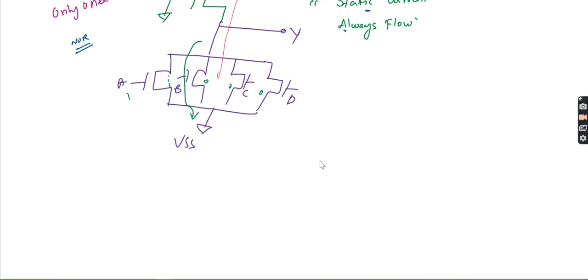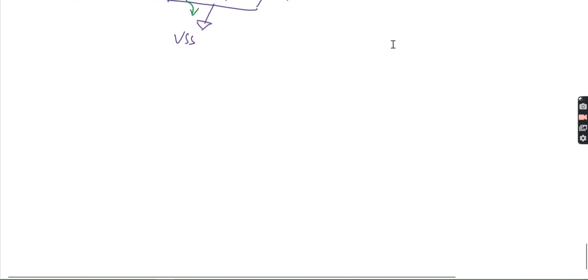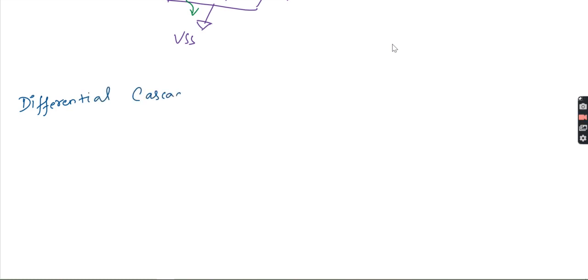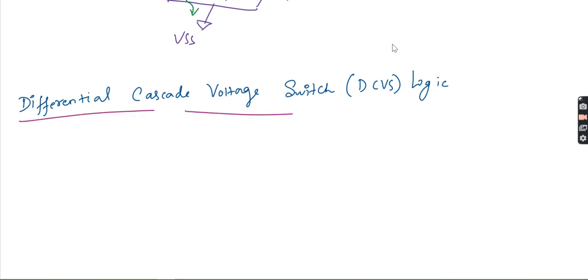The next non-clocked logic circuit is differential cascode voltage switch logic, in short called DCVS logic.